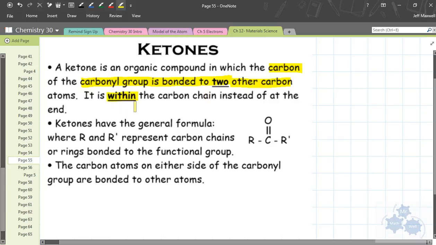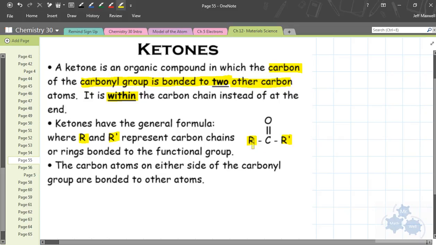Okay. Ketones have the general formula where R and R prime represent carbon chains or rings bonded to the functional group. So just remember that this part in the middle here, the part that makes it a ketone, doubly bonded to an oxygen, is in the middle of a chain. So this can't be a hydrogen or an OH or an NH2 or anything like that.